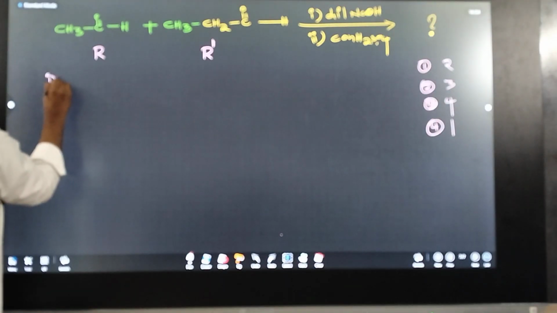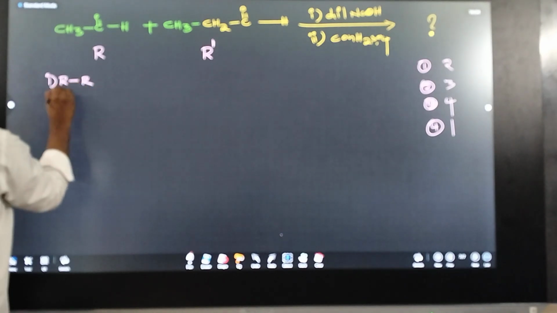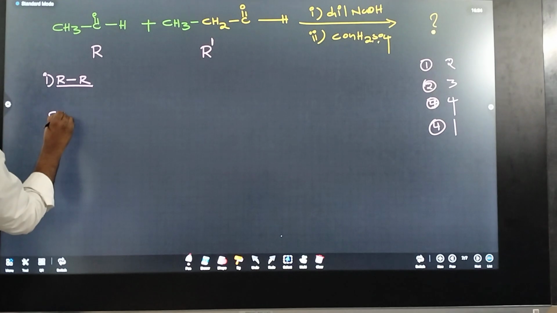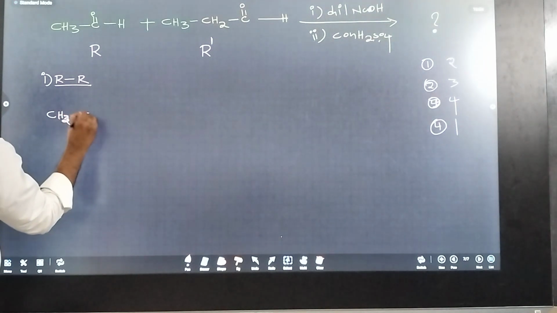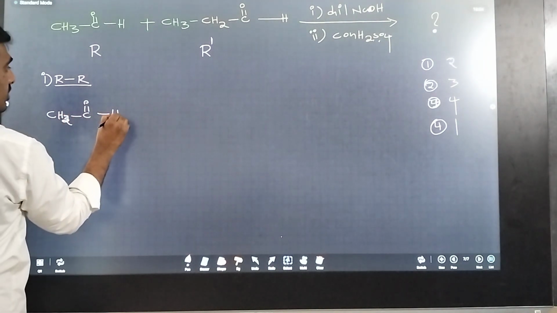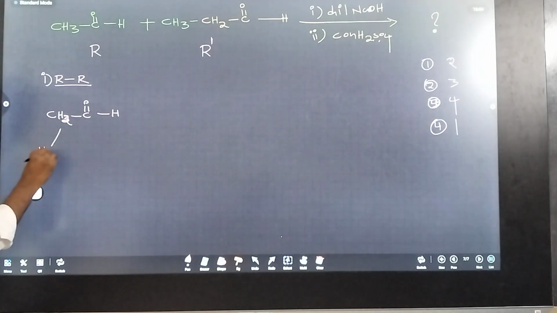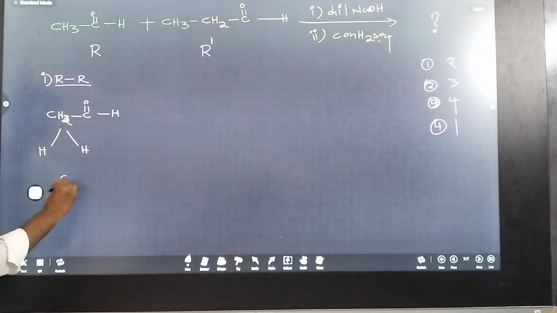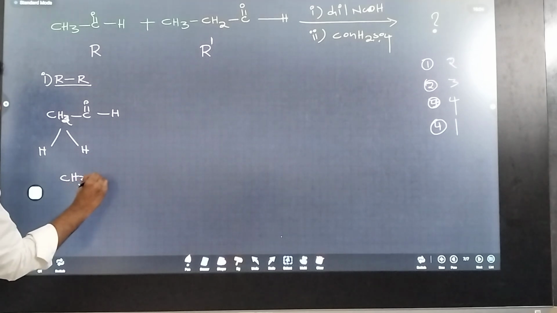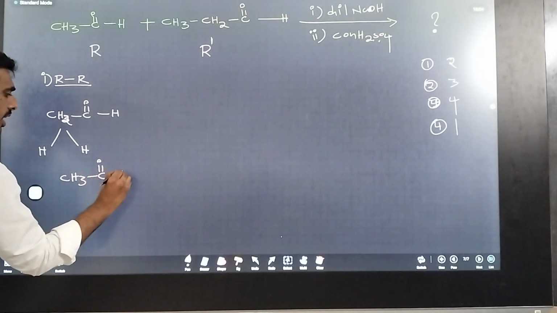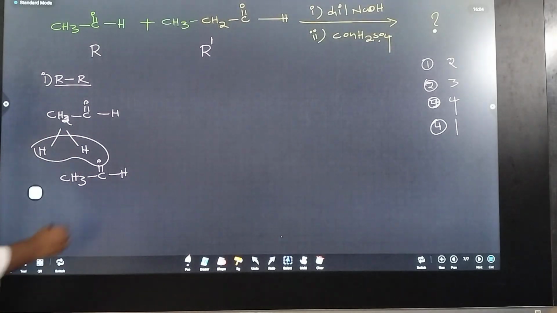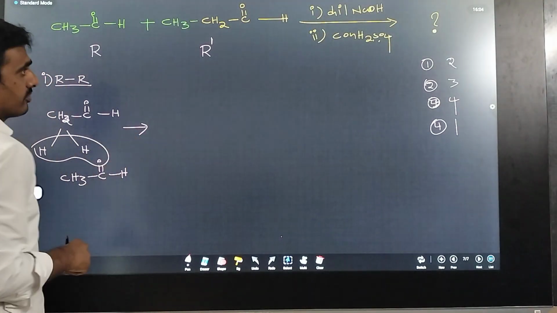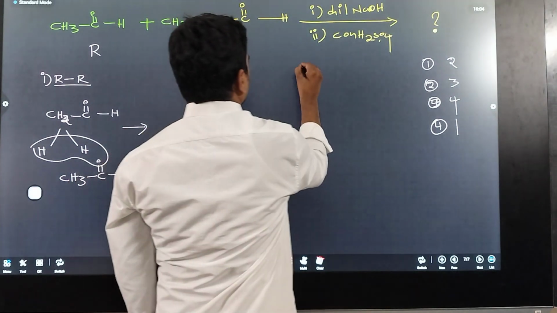First one, just I can write R, this one: CH3 CH2 C double bond OH. I can use the shortcut trick: CH3 C double bond H. The water molecule is eliminated, so we get the first product.